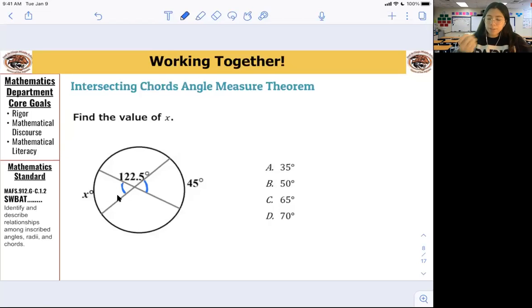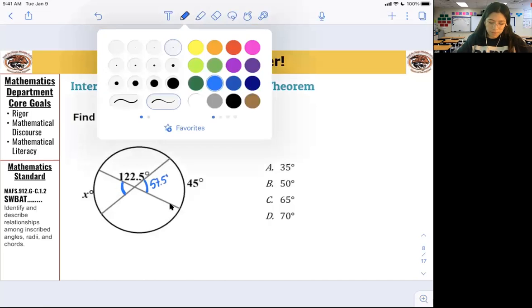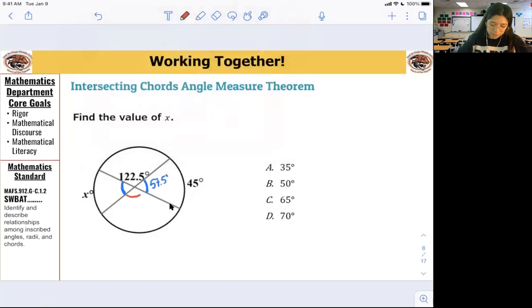Those of you who got it right, this is the way to do it, so you should already know. What's the measure of those smaller angles? 57.5. Because together they have to add up to 360. So if that's 122.5, this is also 122.5. And then the other two are each 57.5.